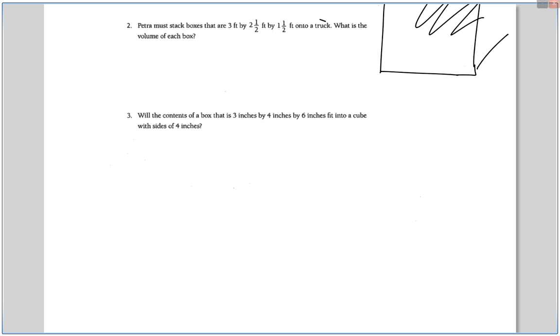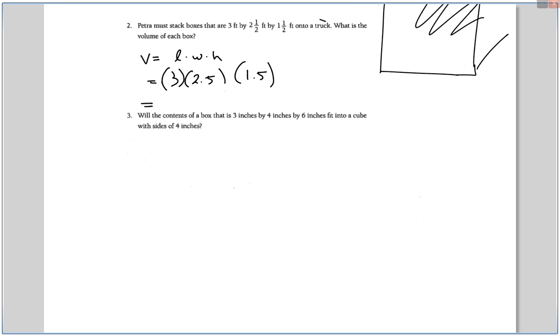Okay, next one is stacking boxes. What is the volume of each box? Same idea, volume is length times width times height. 3 by 2.5, I'll just use a decimal, times 1.5. These are all in feet.